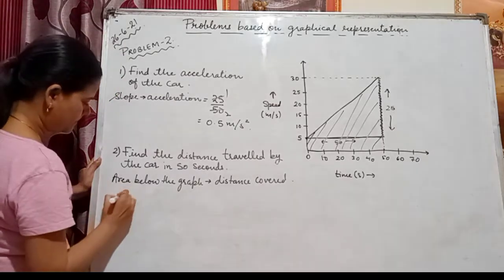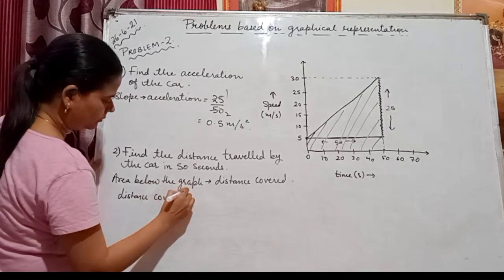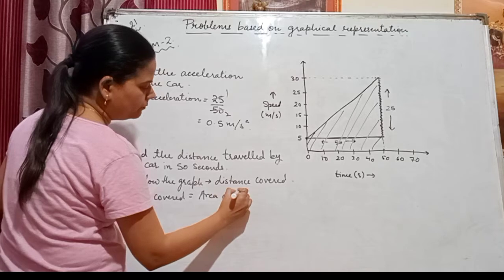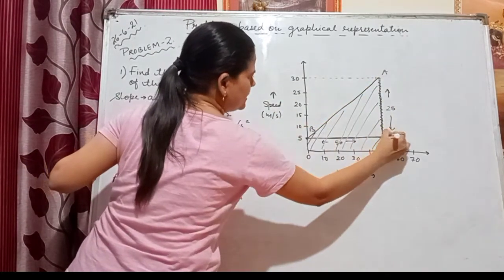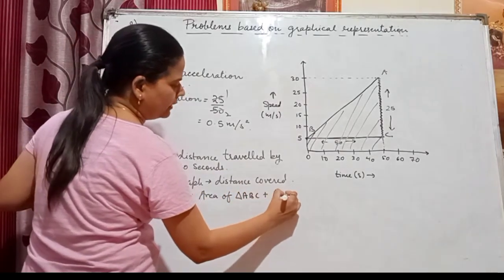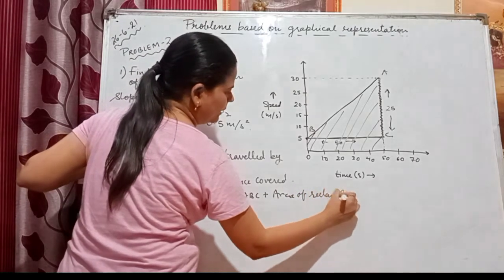So we can find out distance covered by the area of triangle. Let us give a name to the triangle, ABC, plus the area of rectangle.